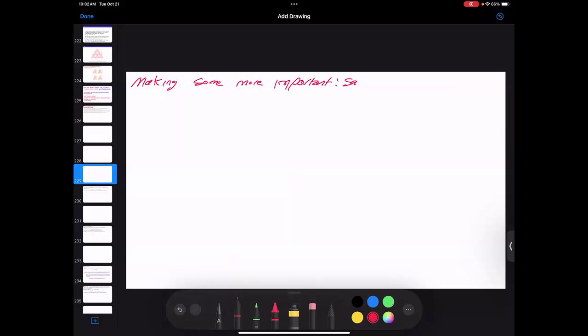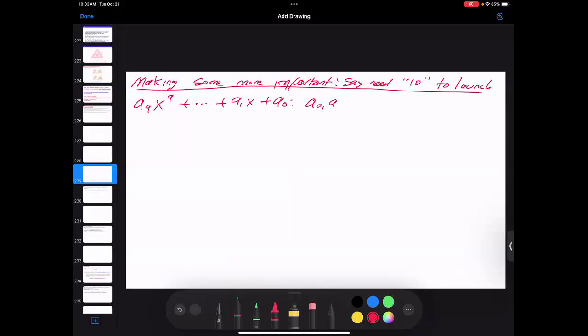Let's say we need 10 to launch. So if we need 10 to launch, we now have a polynomial, a9 x to the 9th plus ... plus a1x plus a0. So we want the tuple a0, a1 all the way up to a9.